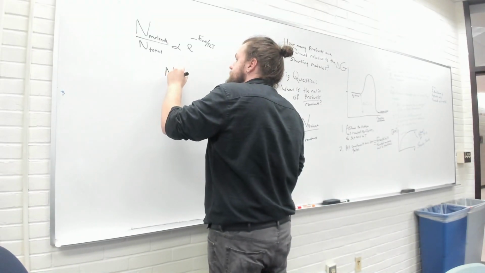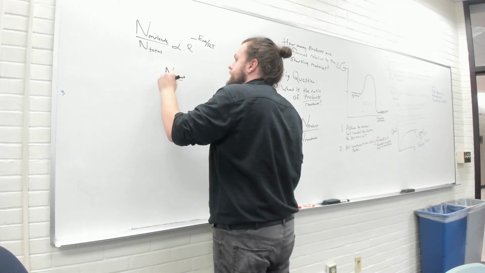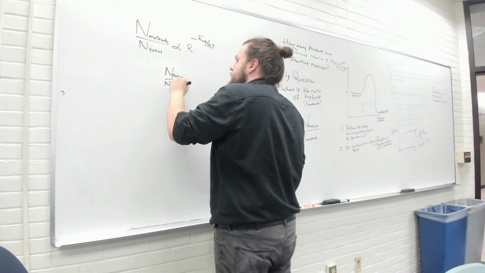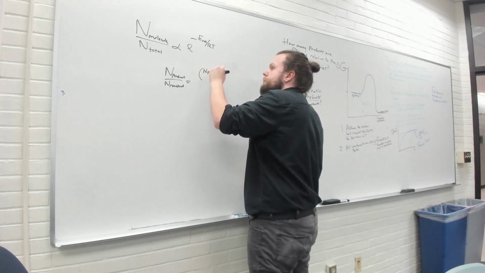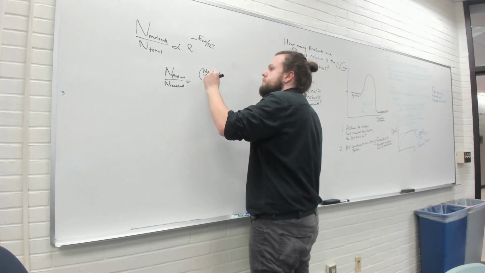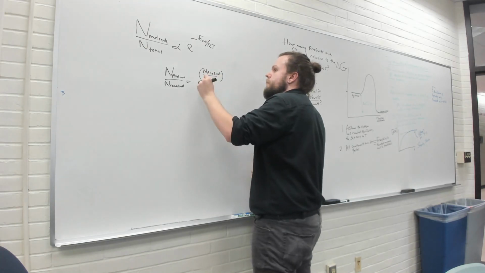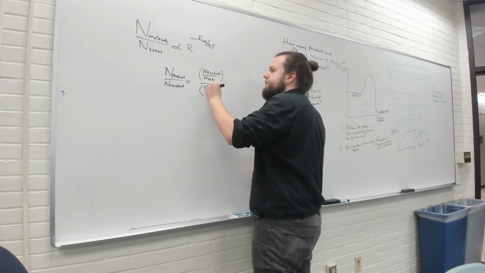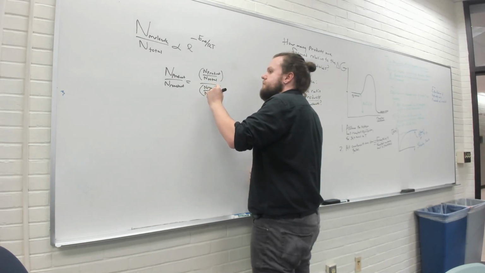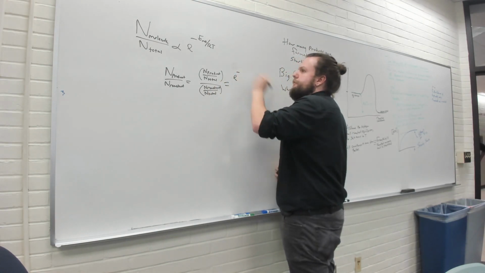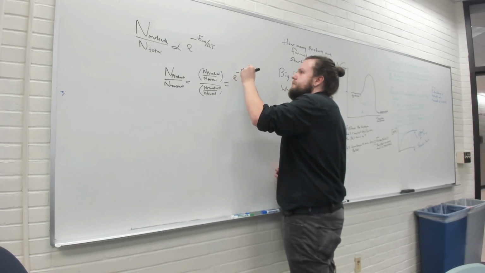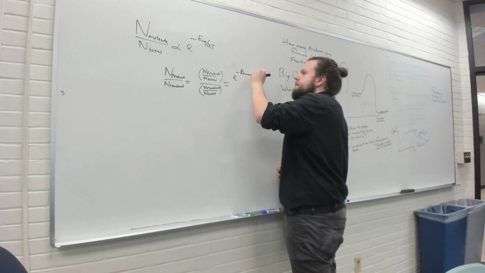Okay, and so let's look at it here. N products over N reactants is the same as writing the number of products over the total number of molecules, over N reactants over the number of total molecules, which is going to be e to the minus energy of the products, E product, over RT, or kT.